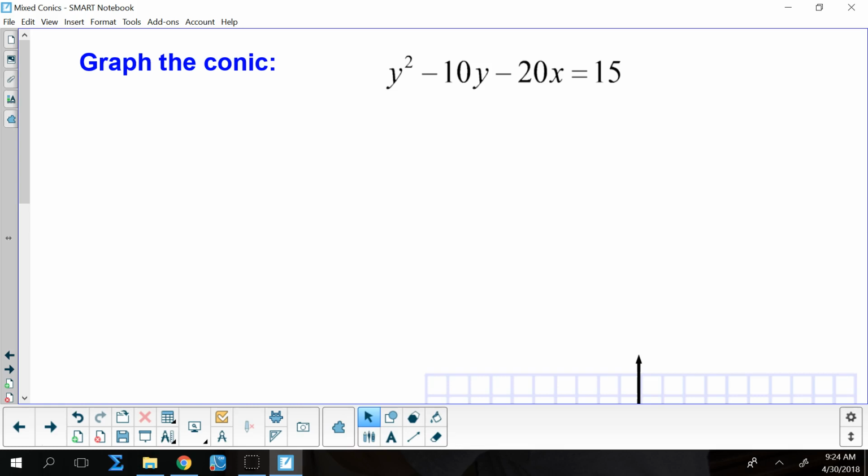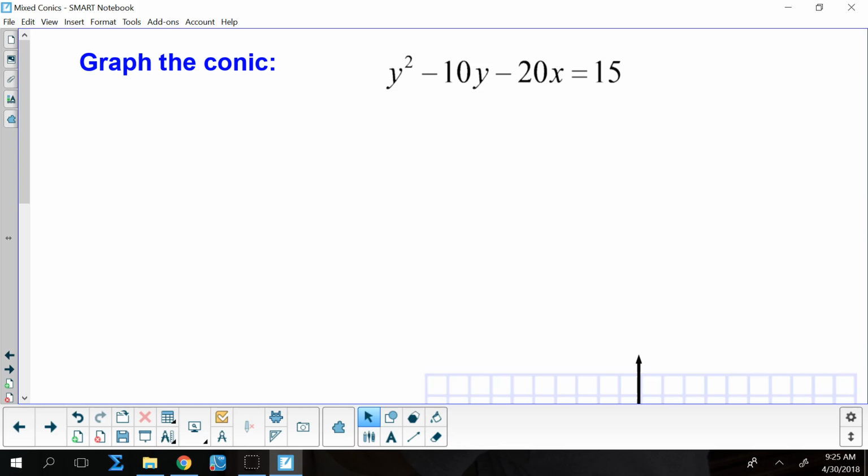What are the visual clues to determine if it's a circle or an ellipse? For the circle, the coefficients are the same, and for the ellipse, the coefficients are different. You gotta be a little more specific. How many squared terms are there? Two. What's in between the two squared terms? An addition sign.